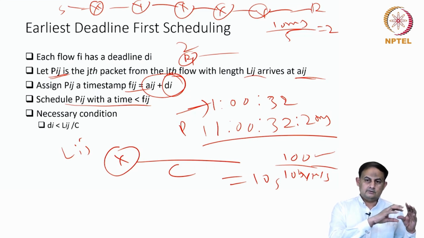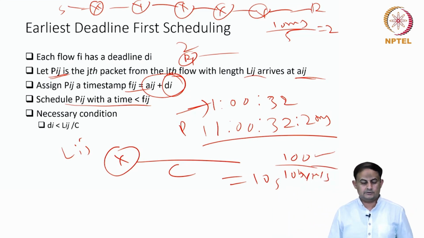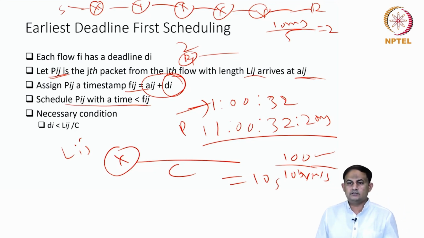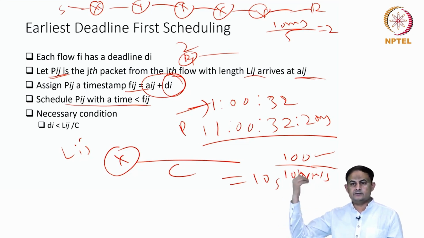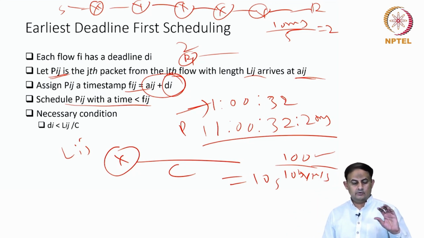If the deadline is bigger than that, then you can always do the transmission. So, a necessary condition is that the transmission time needs to be smaller than the deadline time. Then only can the scheduling work.